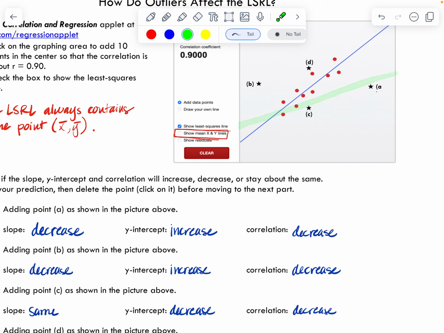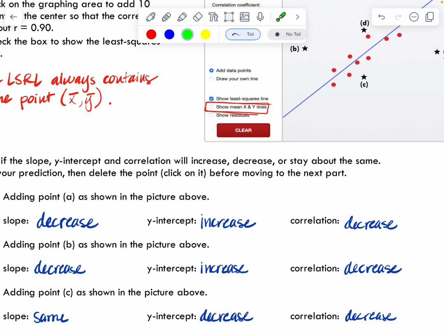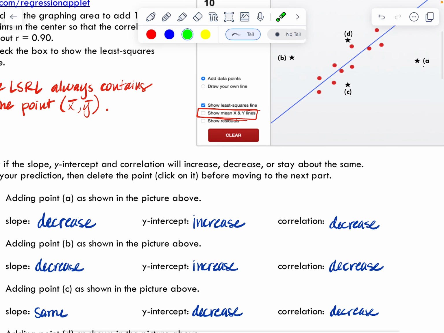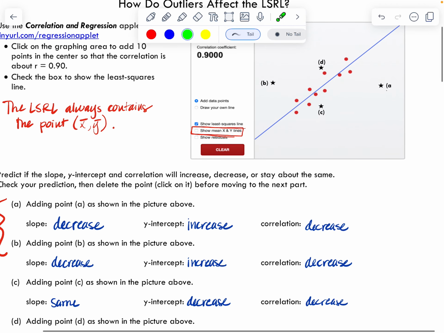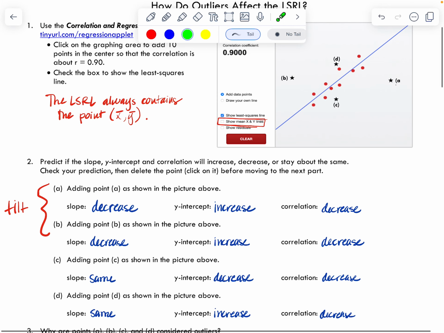And B is going to do the same thing. It's going to cause the line to tilt, right? And so when it does that, the slope decreases because we had a positive slope and now it's not quite so steep. The y-intercept increases because as the line tilts, that left end comes up. And then of course the correlation does go down. The correlation is not as strong.